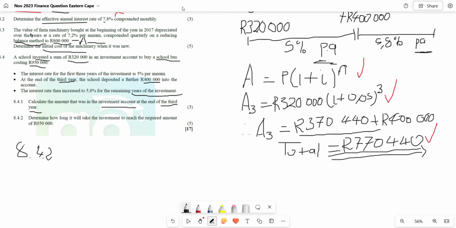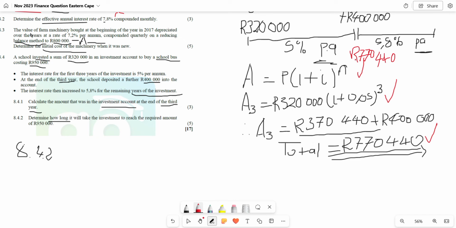In 8.4.2, it says, determine how long. Now we are looking for the number of years. Remember here at T3, let me indicate that at T3, we have the total amount of 770,440.